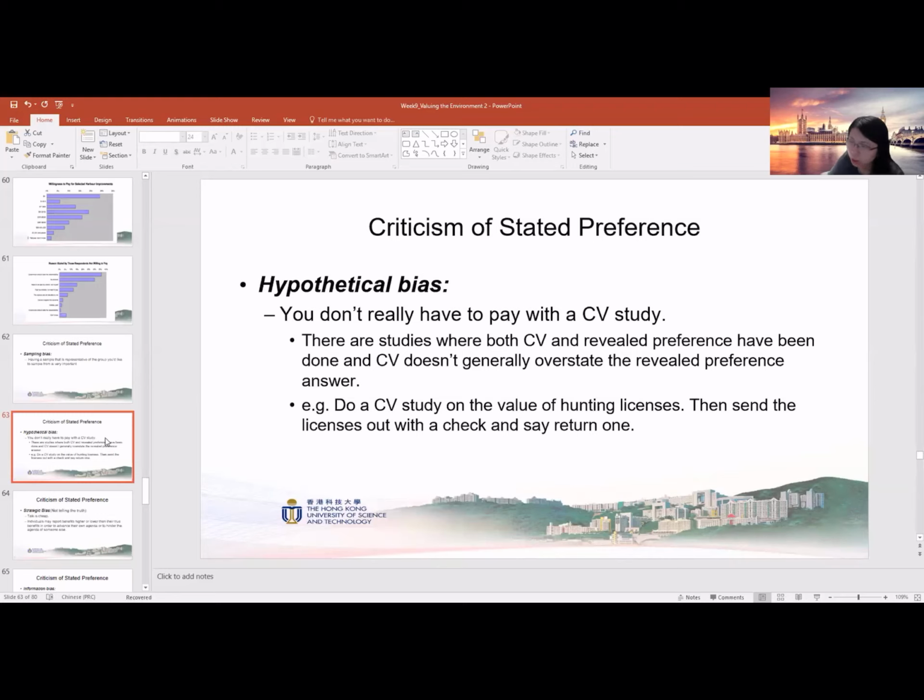So this hunting license is a market good, so you can check these numbers. But for non-market goods, the Yellowstone wolves, pandas, you don't have this comparison study, so you want to improve your design to avoid hypothetical bias as much as possible. All these methods about ways of asking for payment, ways to elicit payments, are tested using a lot of these settings.